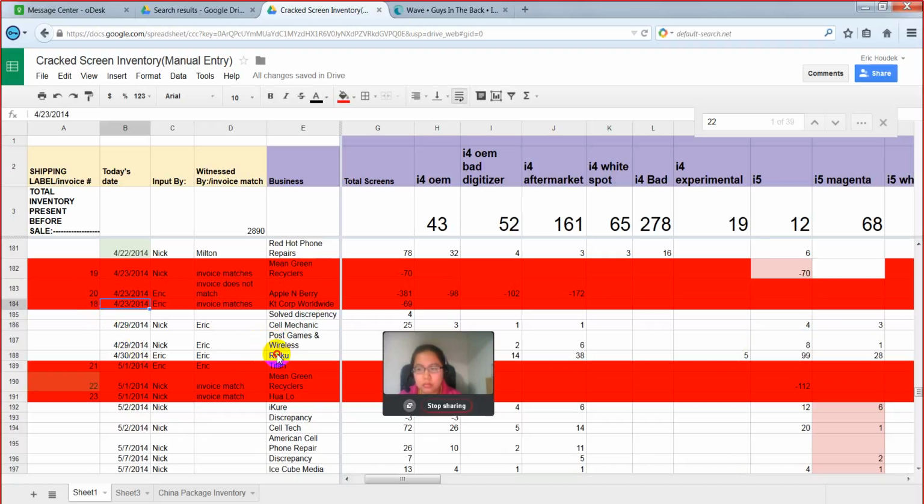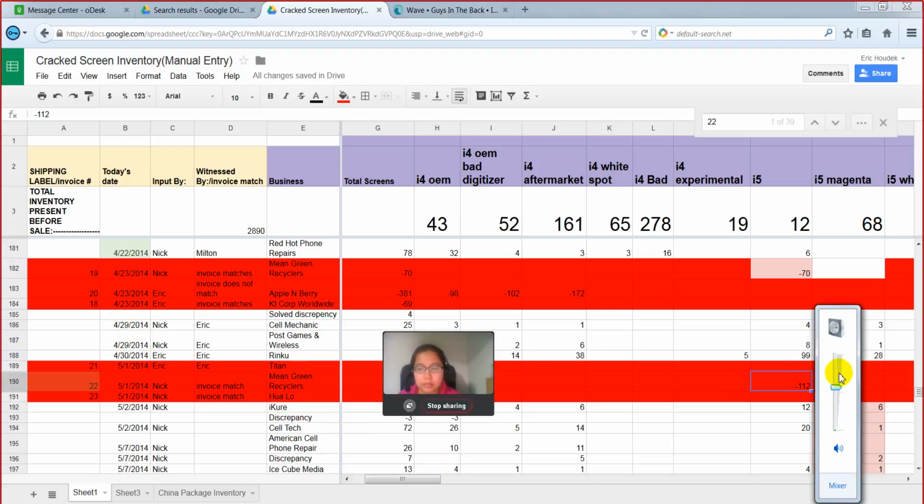I could even tell you there's a small discrepancy there. You could probably see a little problem there. But basically what I would want to do is say these 112 screens came from Rinku, Post Games and Wireless, and Cell Mechanic on these dates. Those were the purchases. Does that make sense to you?